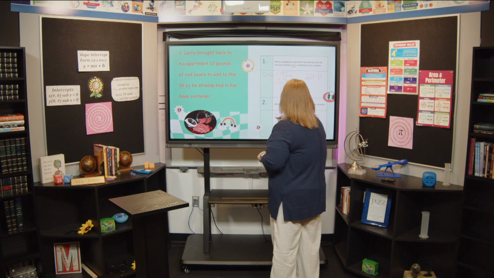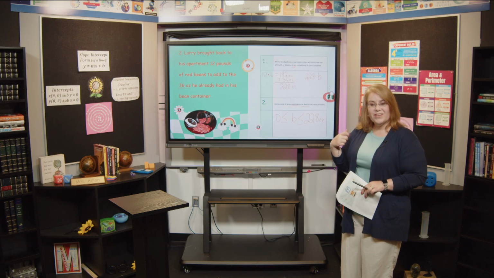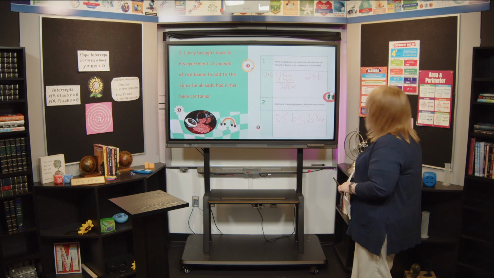I can't go lower than 0. I can't go above 228. So my amount's going to be in the middle. So 0 is less than or equal to B, which would be less than or equal to 228 ounces. Did you get what I got? Good job, guys. Good job.